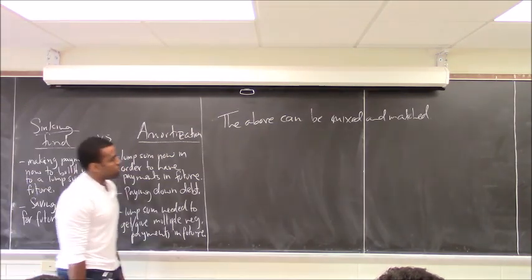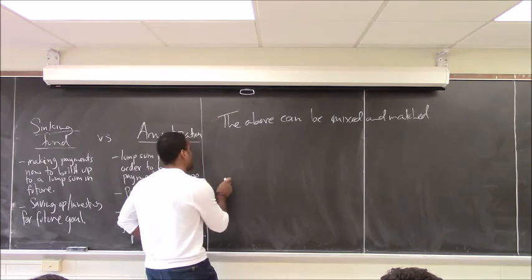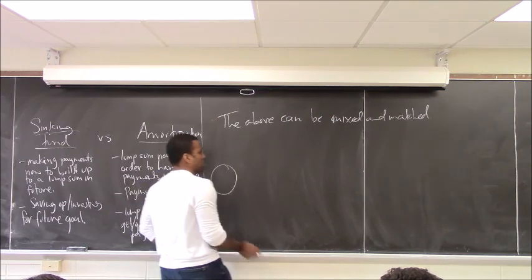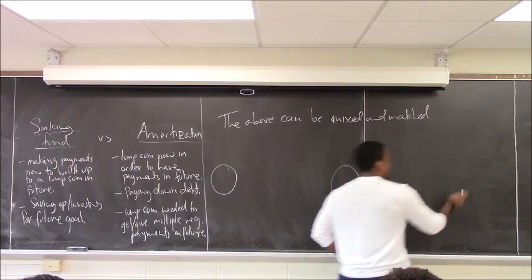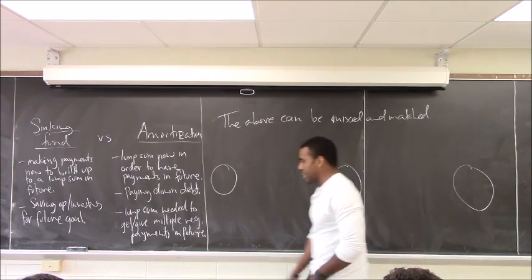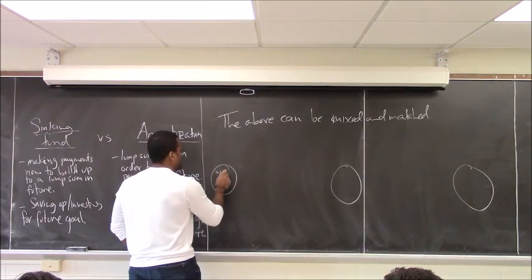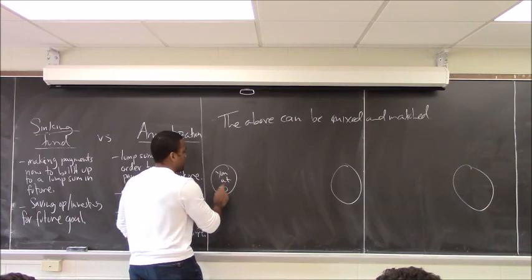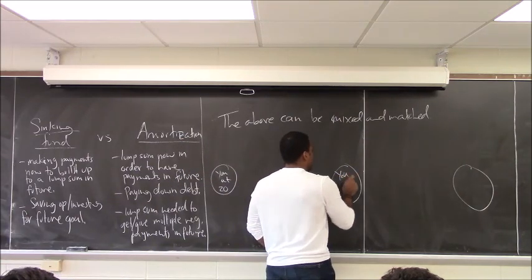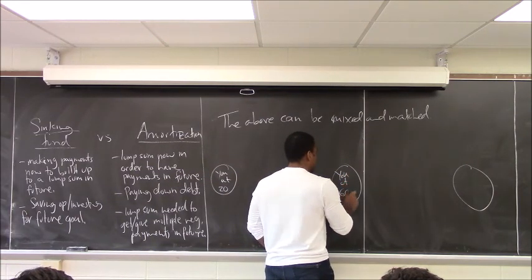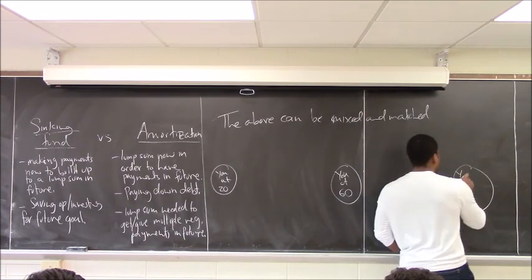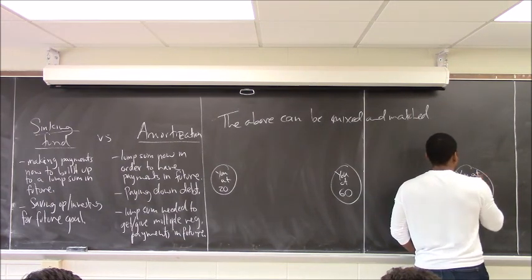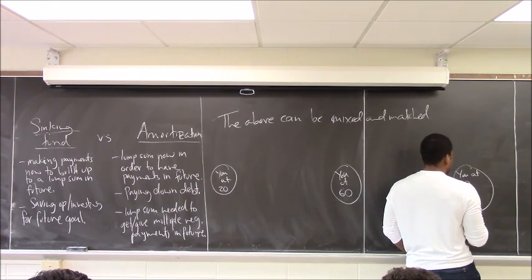The example I mentioned was a timeline of someone's life, where you look at a beginning, a middle, and an end. This is you at 20, this is you at 60, and this is you at 80.